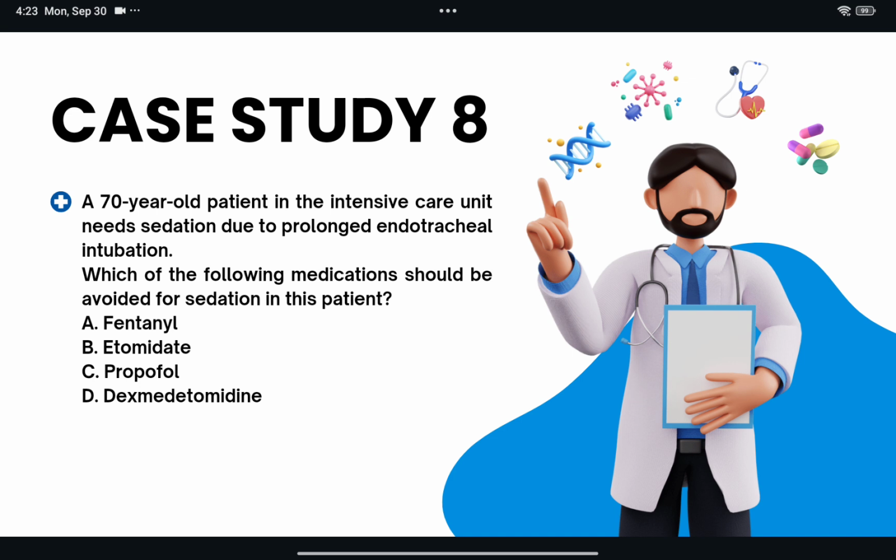Etomidate should not be infused for an extended time, because prolonged suppression of these hormones is dangerous. So option B is correct. All the others, fentanyl, propofol and dexmedetomidine, are safe for this patient for endotracheal intubation.